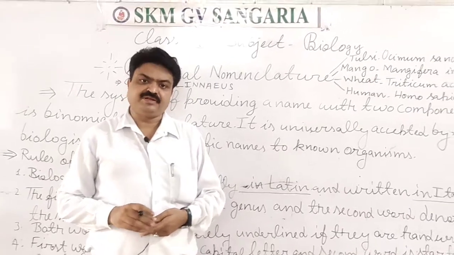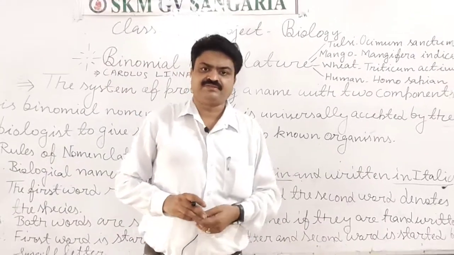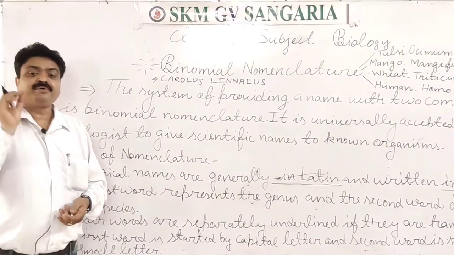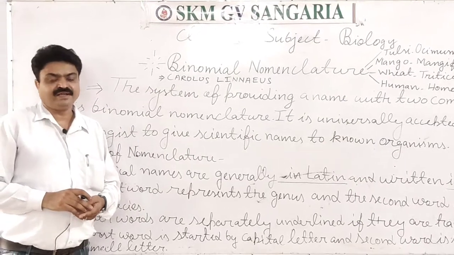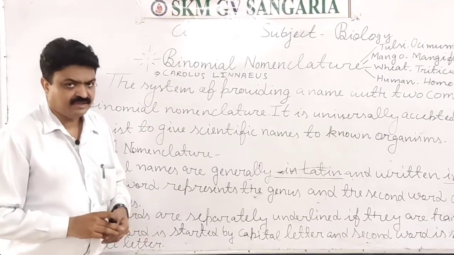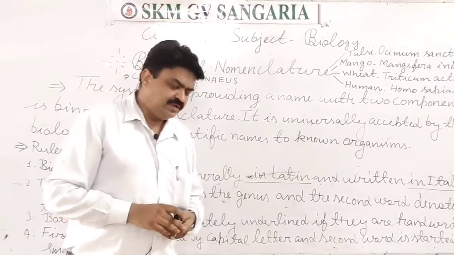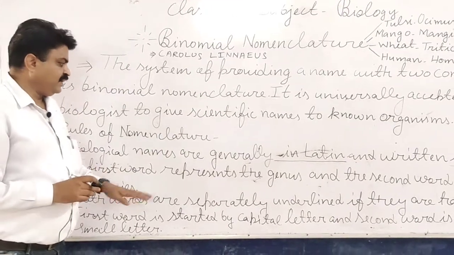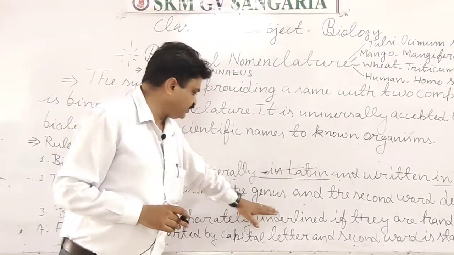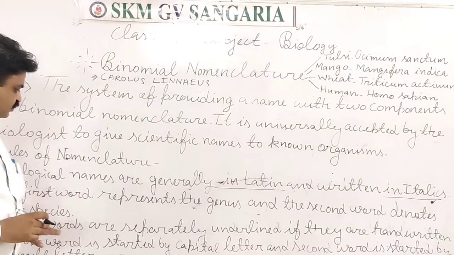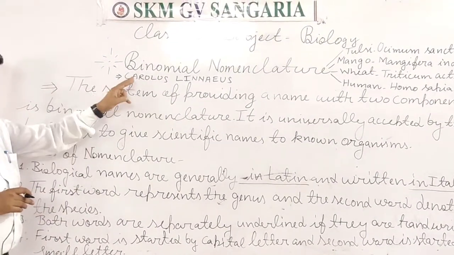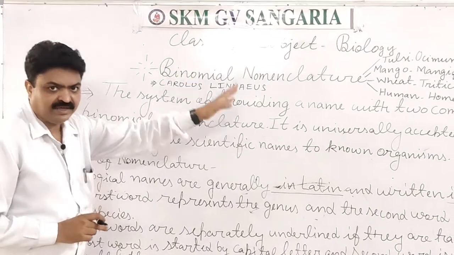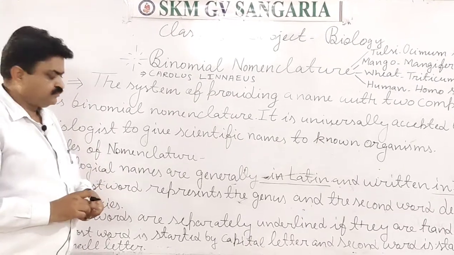In this, the first word represents the genus and the second word represents the species of the biological name. Means the species is indicated by the second name and the genus is indicated by the first name. So there are two names included in binomial nomenclature. First is from the genus and second is from the species.